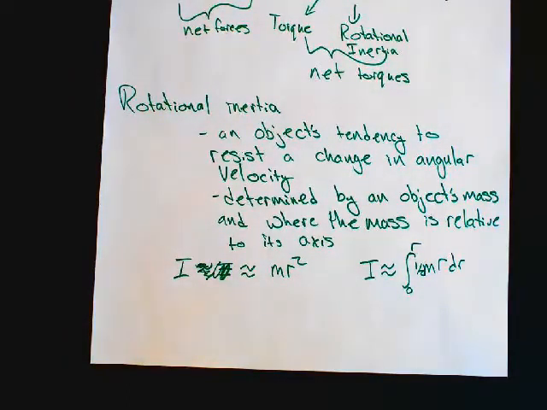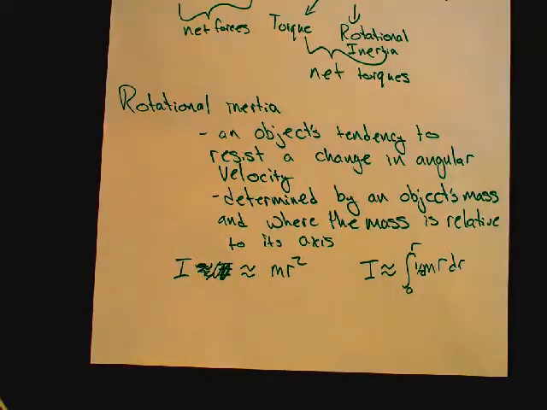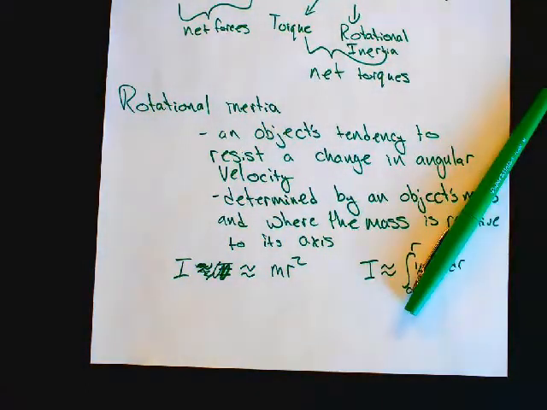Next one over here, rod about a center. That could be a pencil. It could be a meter stick. And then rod about an end would be here. I'm sure at least half of you have taken a meter stick and spun it around like this at some point.